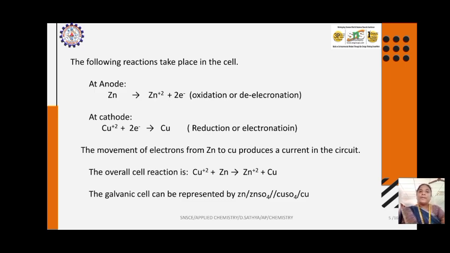When copper gains the electrons, it is called reduction, and that part is called the cathode. The movement of electrons from zinc to copper produces the current in a circuit. The overall cell reaction is Cu2+ combining with zinc, with loss of electrons in zinc and gain of electrons in copper. So the galvanic cell can be represented by zinc sulfate and copper sulfate solutions with their electrodes.